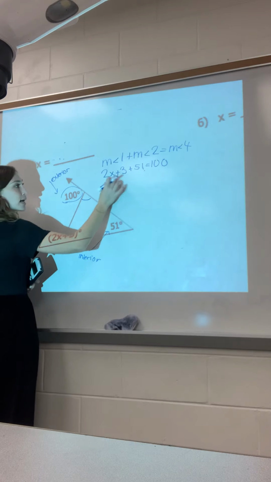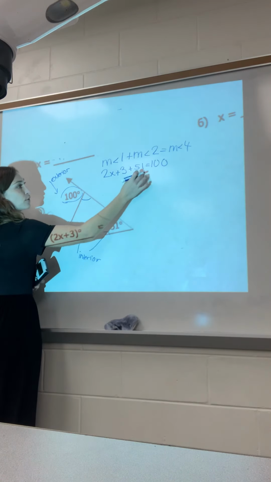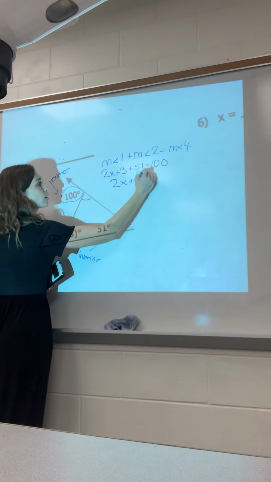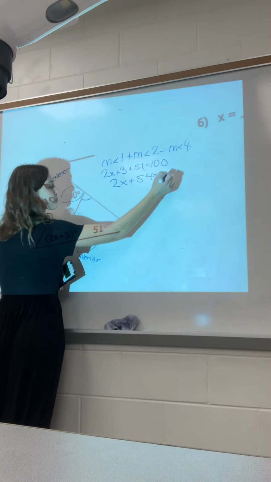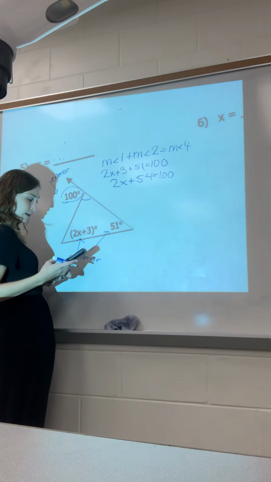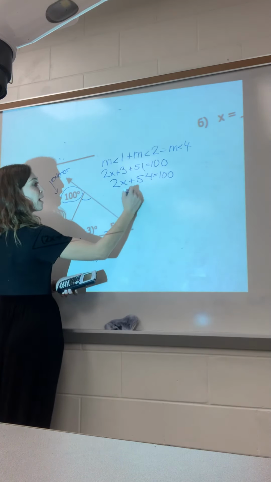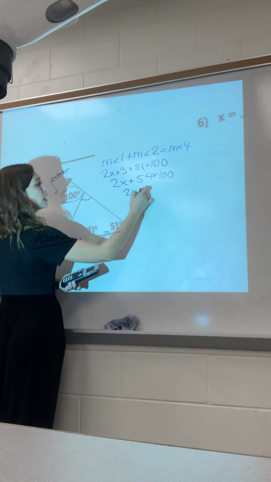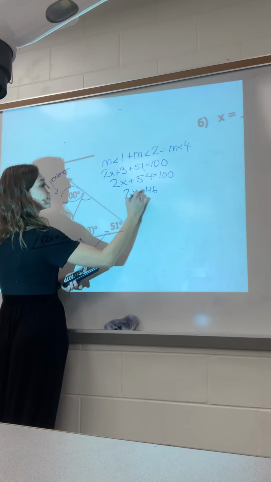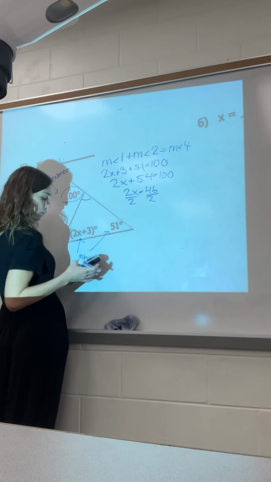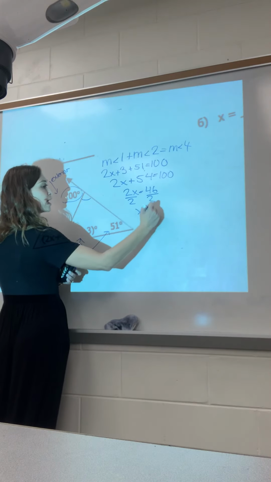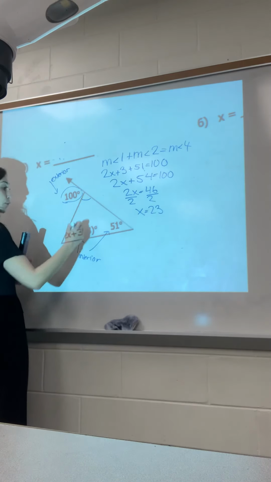So now I'm going to combine like terms. So 51 plus 3 is 54. So now I have 2x plus 54 equals 100. Now I'm going to do 100 minus 54. That'll give me 46. So 2x equals 46. Now divide by 2. 46 divided by 2 gives me 23. So now my x equals 23.